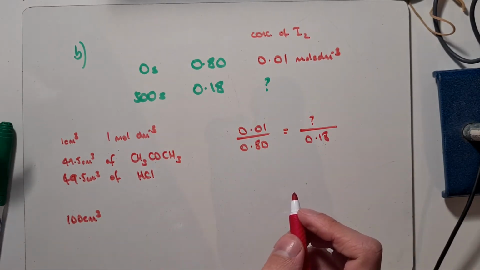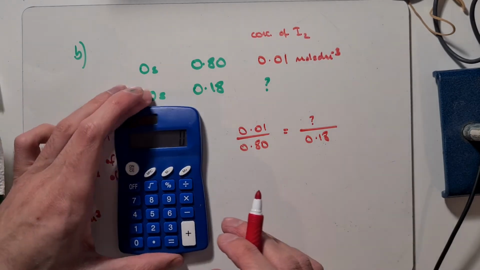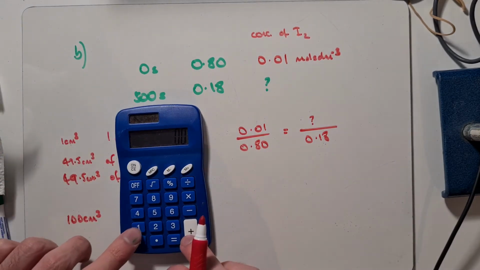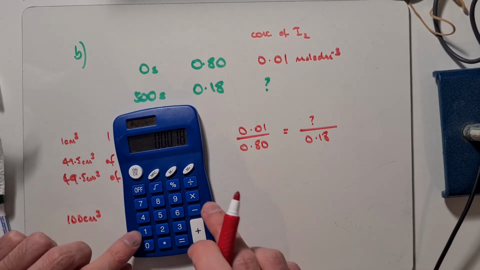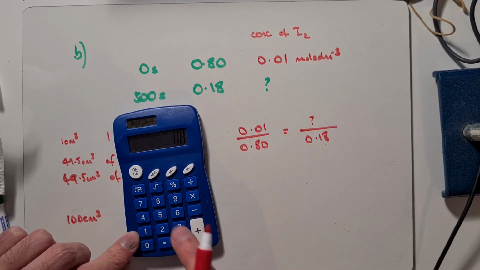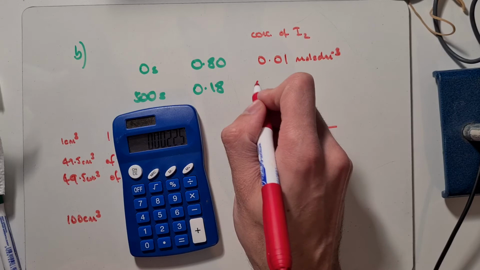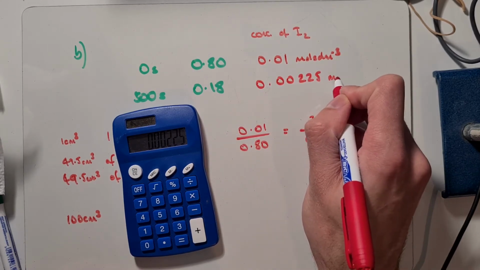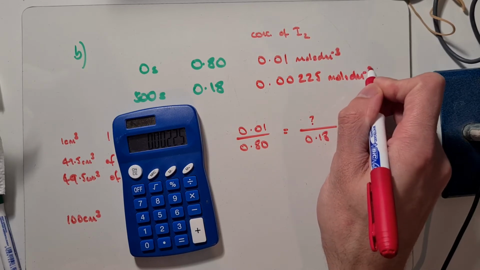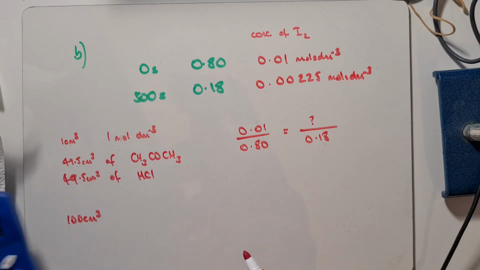So times both sides by 0.18, so we'll have 0.01 times 0.18, and then divide that by 0.8, we get our concentration of 0.00225 moles per decimetre cubed. There are other ways to do this calculation, that's just the simplest way that I like to do it.